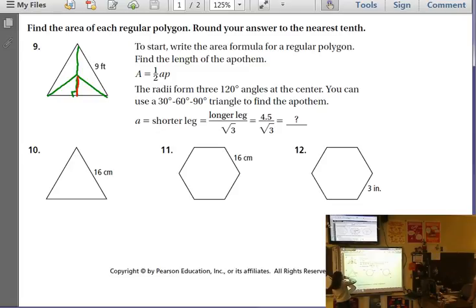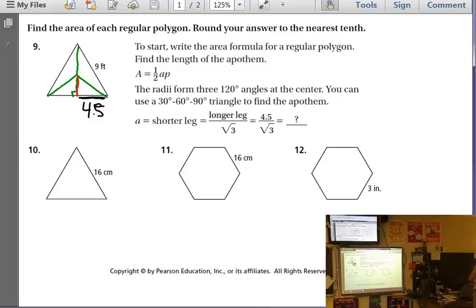It'd be the short leg here. So continue. And then this leg would be 9 divided by 2, which is what they got for their longer leg of the triangle.